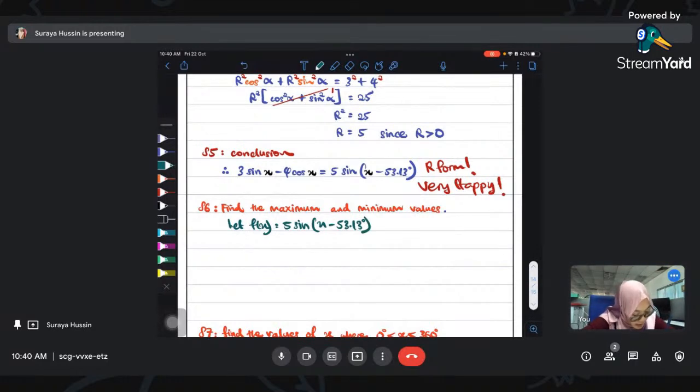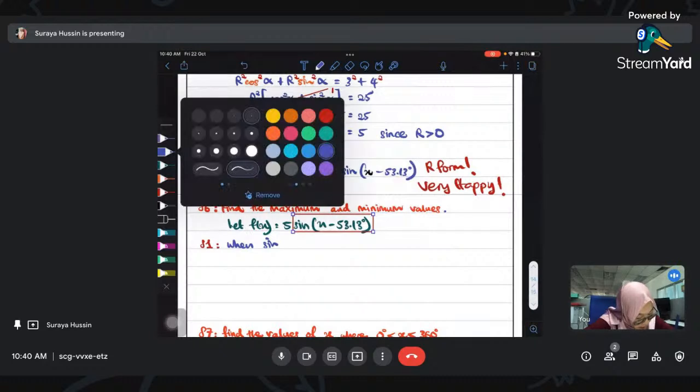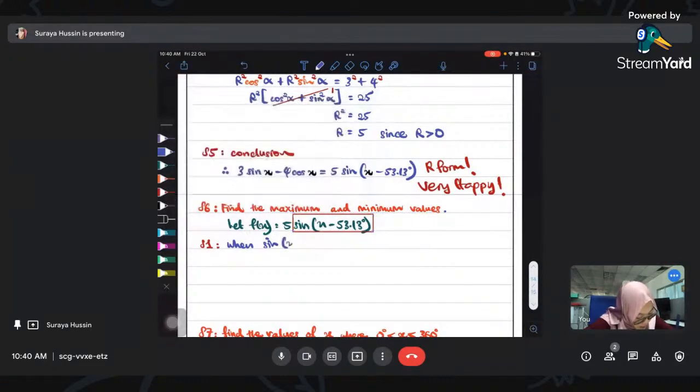And then, what was the first step I taught earlier? When. Do you remember? When sin. So what you have to do is just follow this one. I think I should highlight this. Don't use whatever you like, use its own angle. So when sin x minus 53.13 degrees equals 1, this is statement 1.